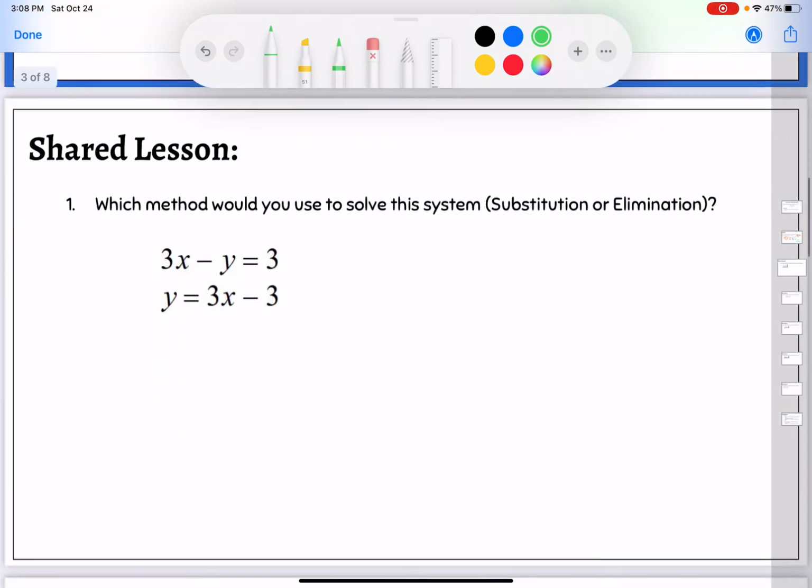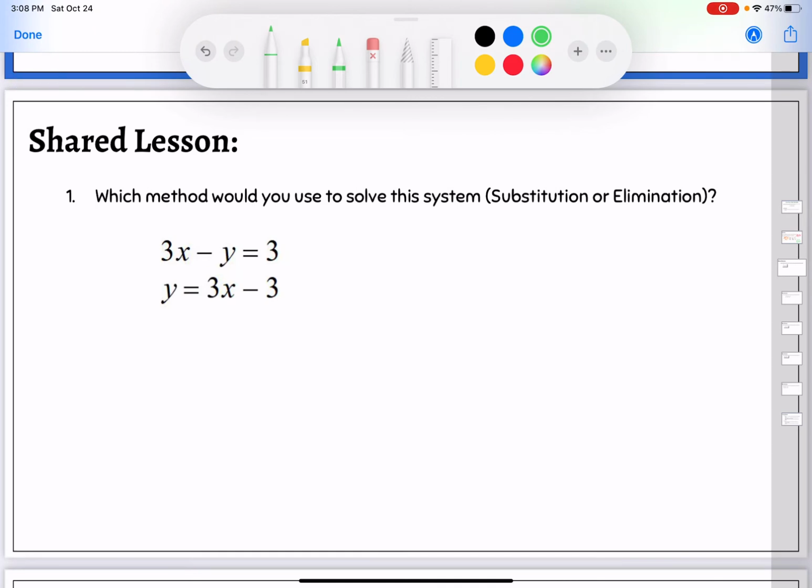All right, so here we go. We're going to start by thinking what method would be the most efficient, but then we're going to actually solve these systems as well. So if I look at this system, 3x minus y equals 3, and y equals 3x minus 3, what would be the most efficient? Hopefully you said substitution, because I see that I have y by itself already.